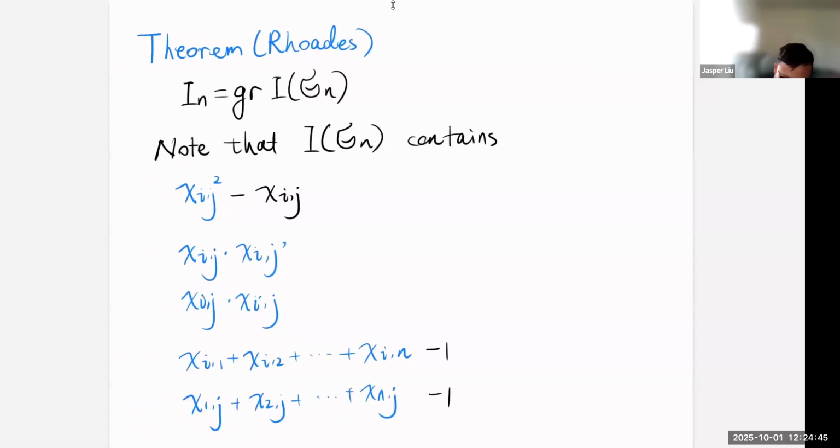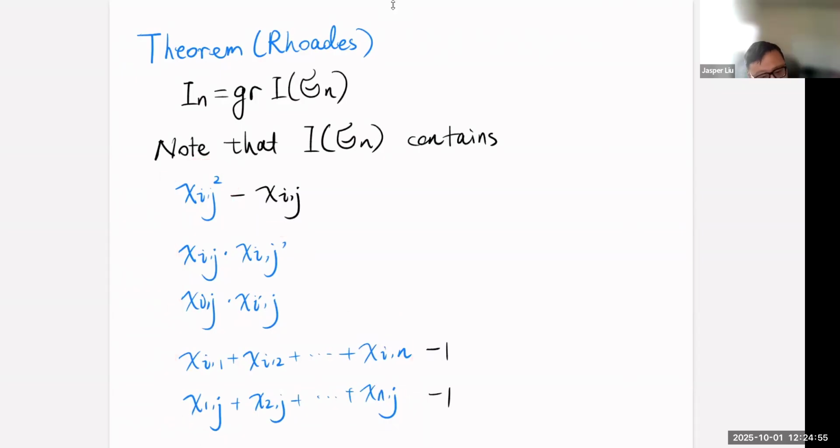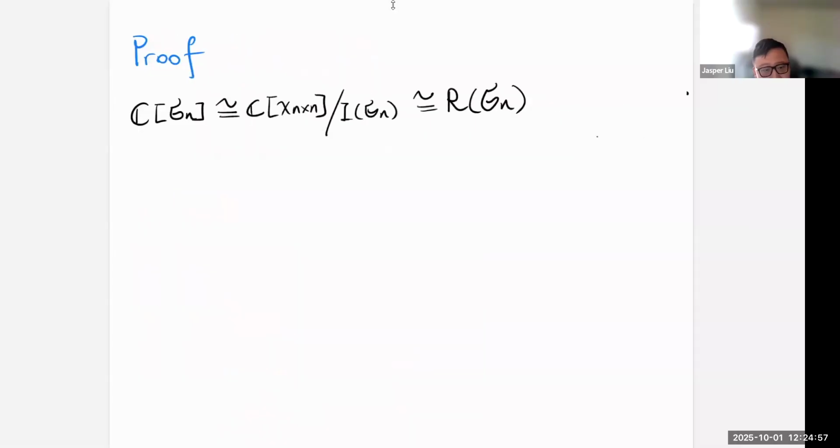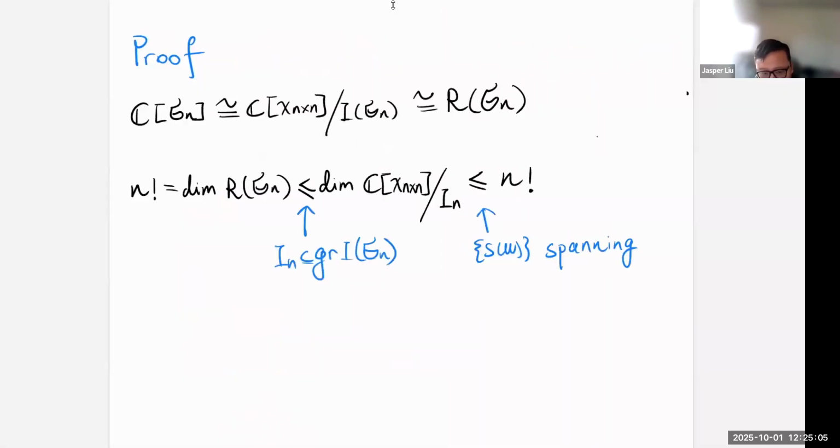So that means we have one inclusion of the ideal, because when you take the top degree homogeneous parts of these polynomials, we get the generators of In. So the proof idea is we write down this orbit harmonics isomorphism first and do the argument on dimension, similar to the result on classical coinvariance theory.